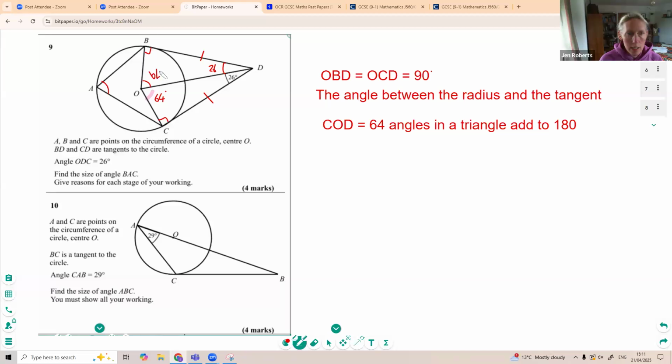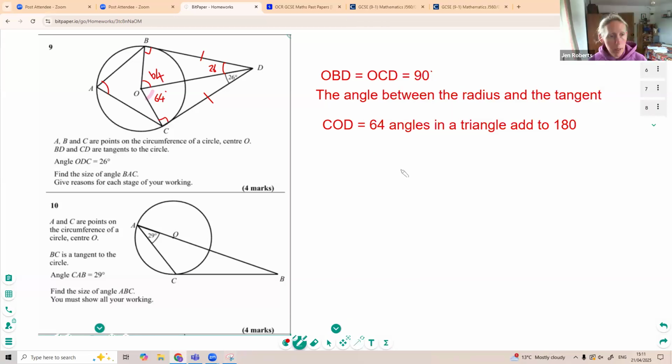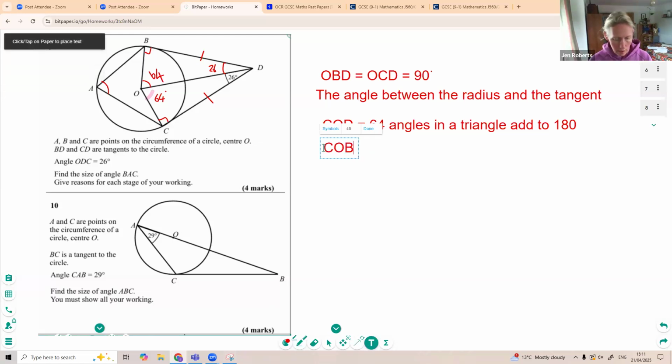Then if you've noticed this arrow shape here, it's angles at the center and angles at the circumference, number 2. So angle COB is, well, 64 times 2, which is 128.